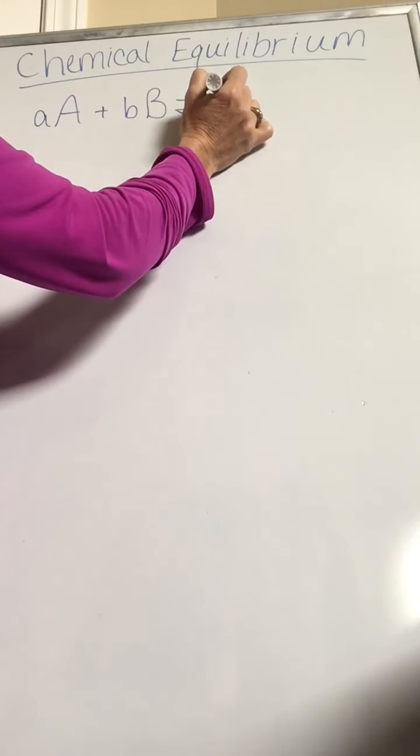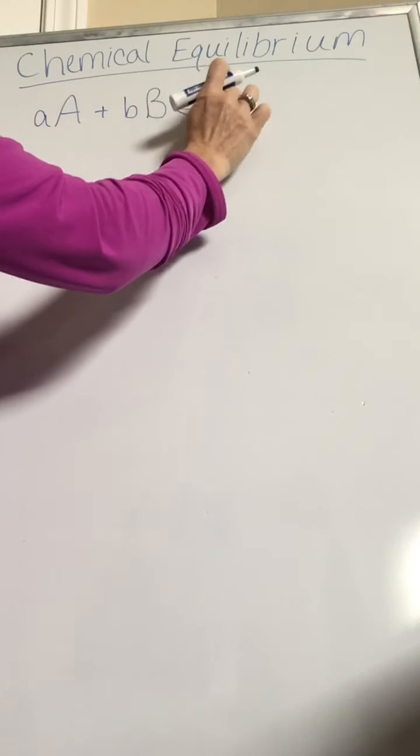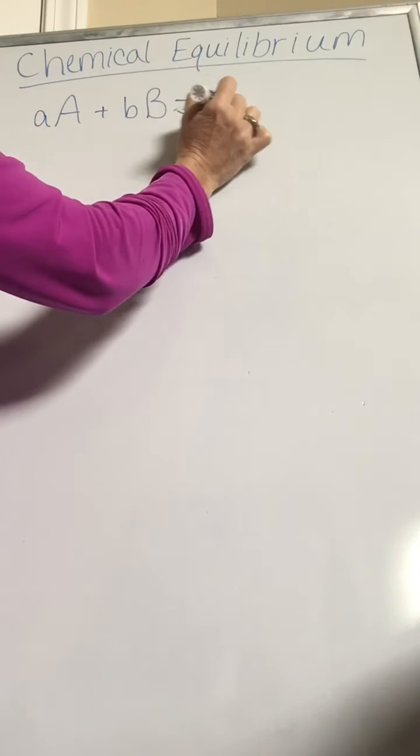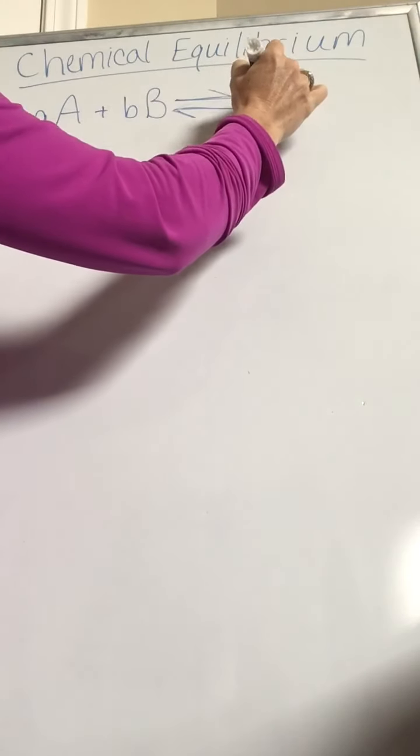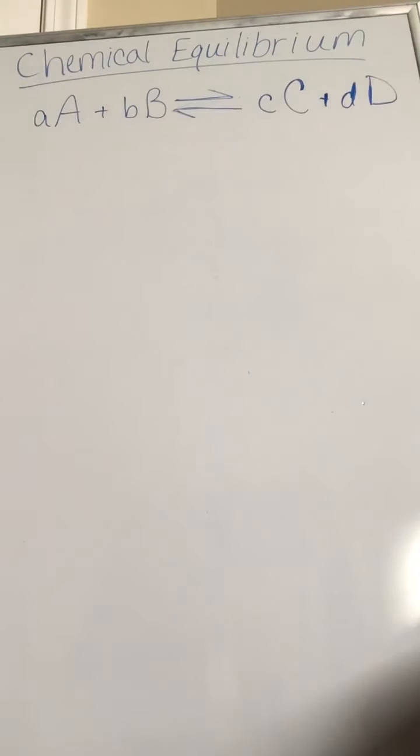This is what I did in college, but you can make the full arrow, or it just was faster for me to go up and then go down, and that shows that it's the same thing. All right, so C plus D. Okay, so that's the reaction we're used to seeing with the hypothetical situations, or for the general situations.